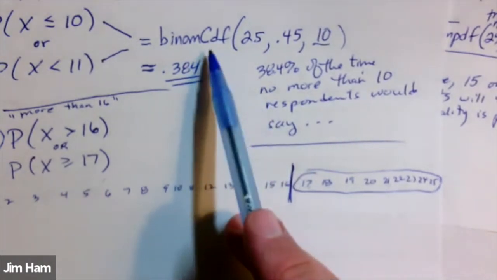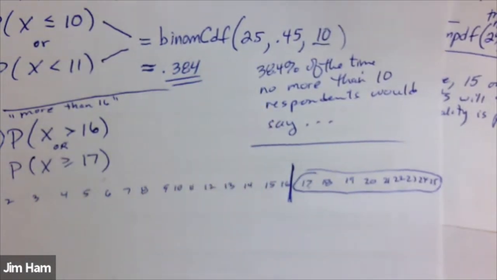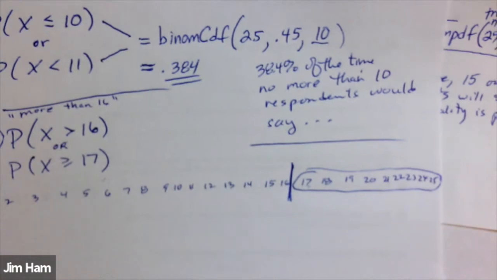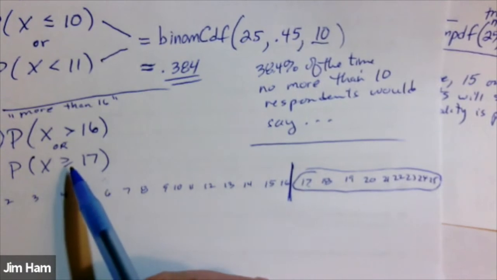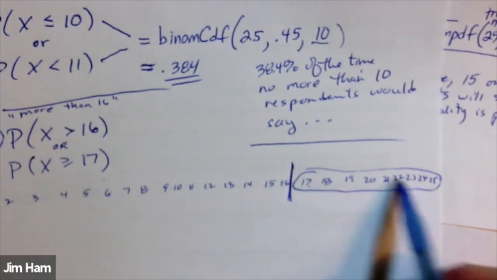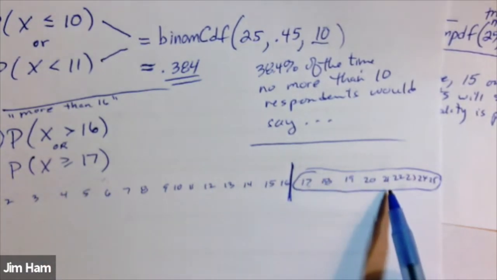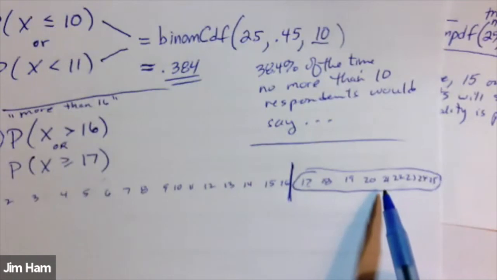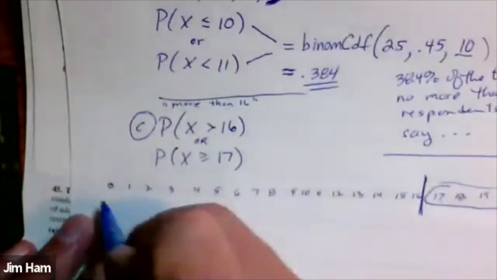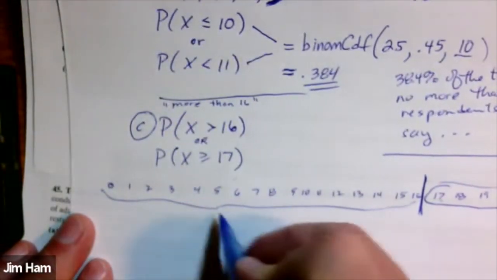Unfortunately, our binomial CDF function adds up probabilities from 0 to some ending amount. So if you have a greater than probability, here's how we're going to do it. We want to sum up all of these. We don't have a calculator function for that.